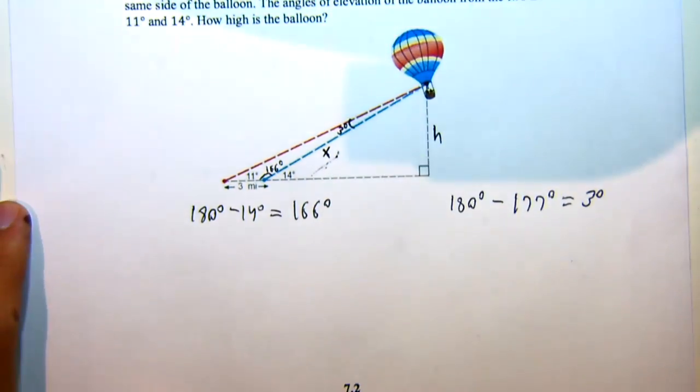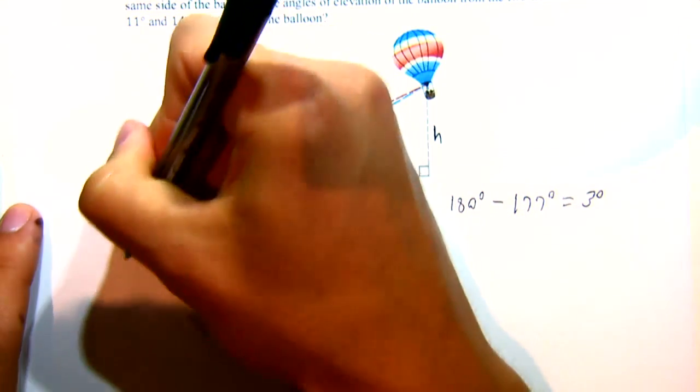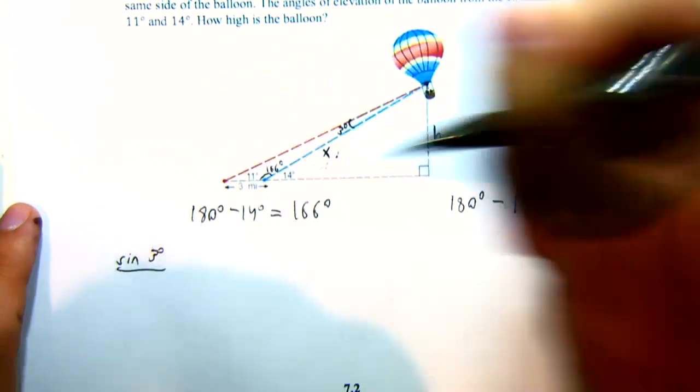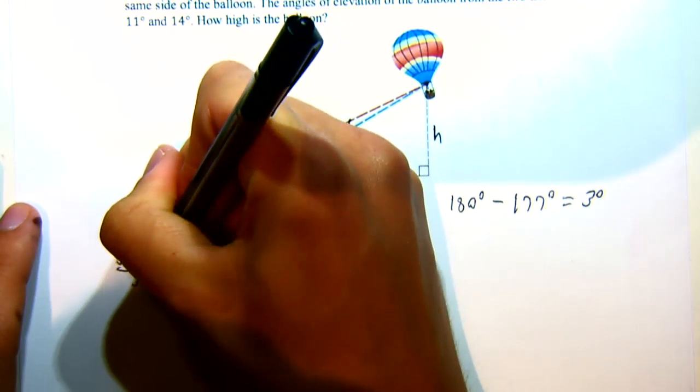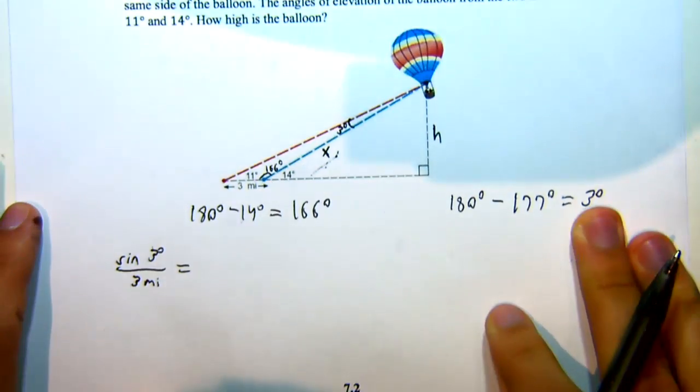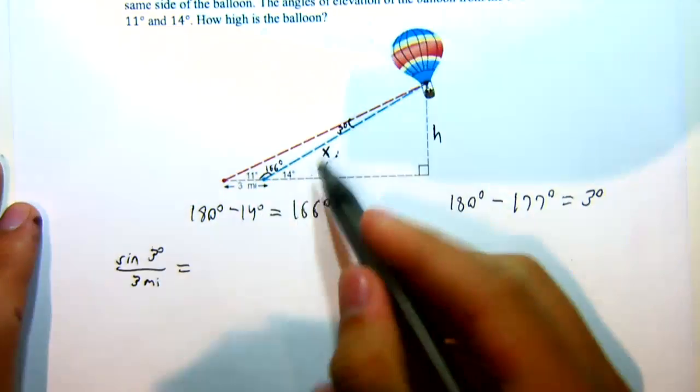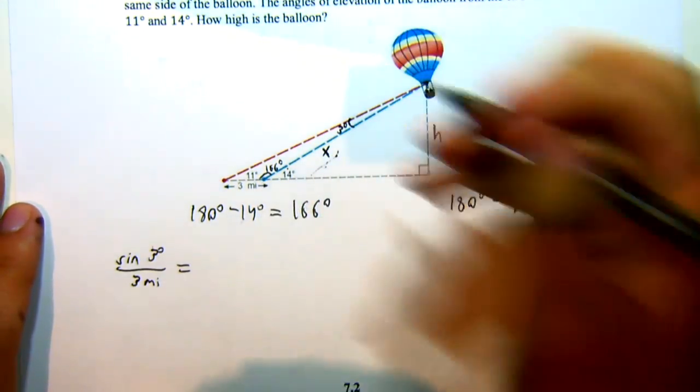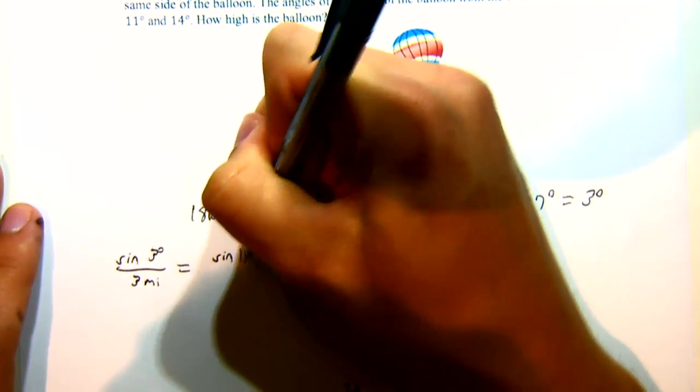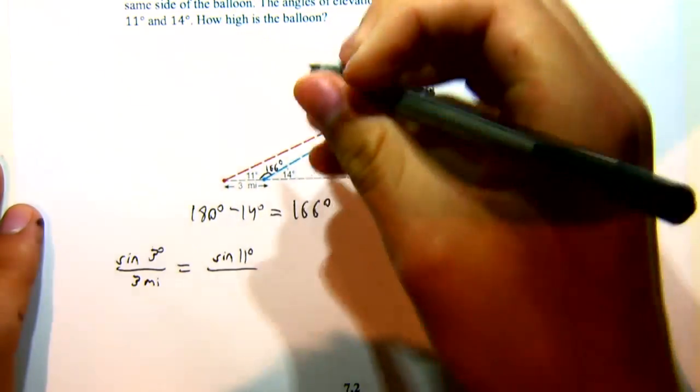Now we can find this length, right? So we do sine of 3 degrees over 3 miles is equal to, so we want the opposite of the x, sine of 11 degrees over x.